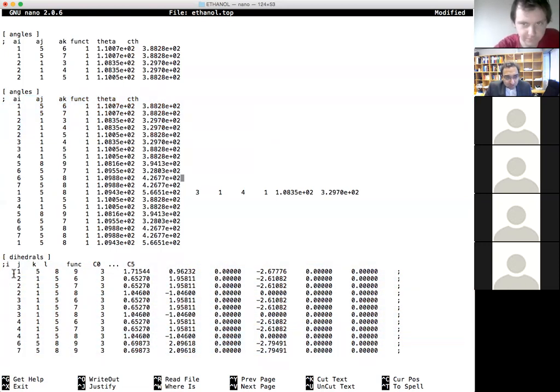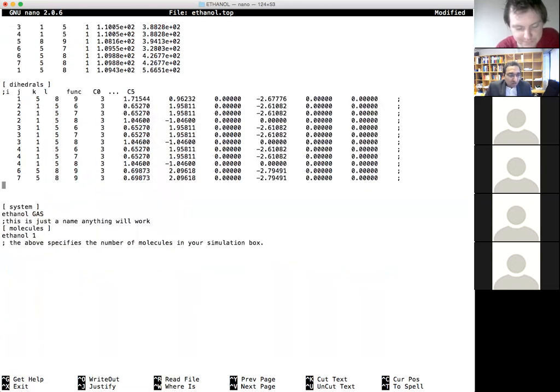What you need to know is that each dihedral angle has 4 atoms. That's how you describe a dihedral angle. And then these are the coefficients to each cosine. So in this case, you have 6 cosines: cos theta, cos 2 theta, cos 3 theta, cos 4 theta, cos 5 theta, and cos 6 theta. The last 2 are set to 0 and so on.